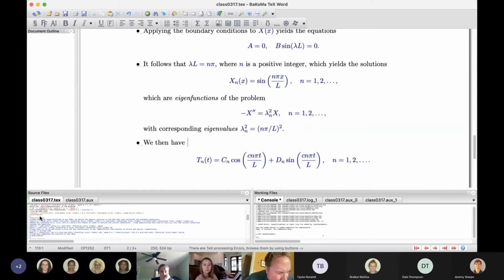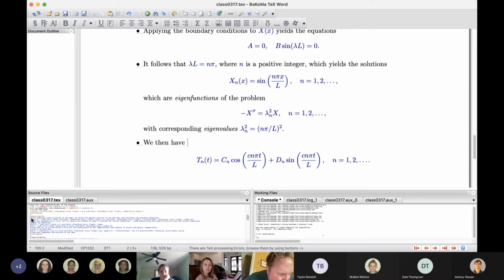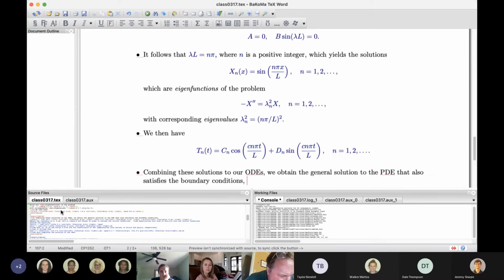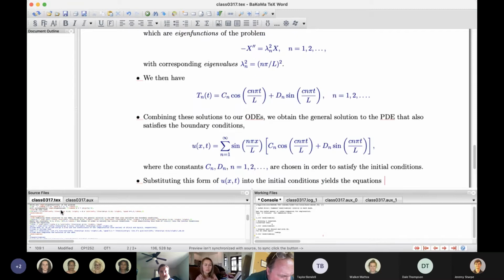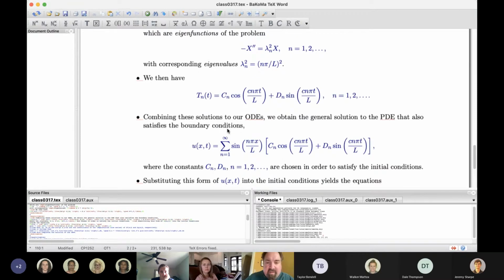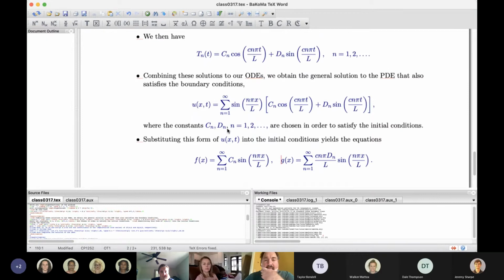Just like with the heat equation, we had one constant for each n that came from the one initial condition that problem had. Okay, so this is what our general solution looks like that satisfies the PDE and given boundary conditions.